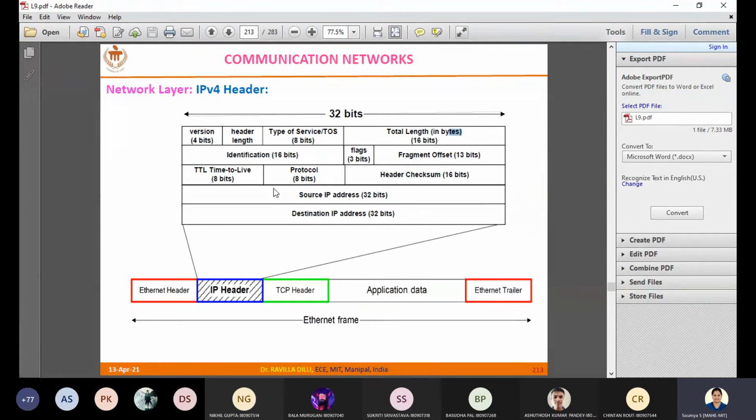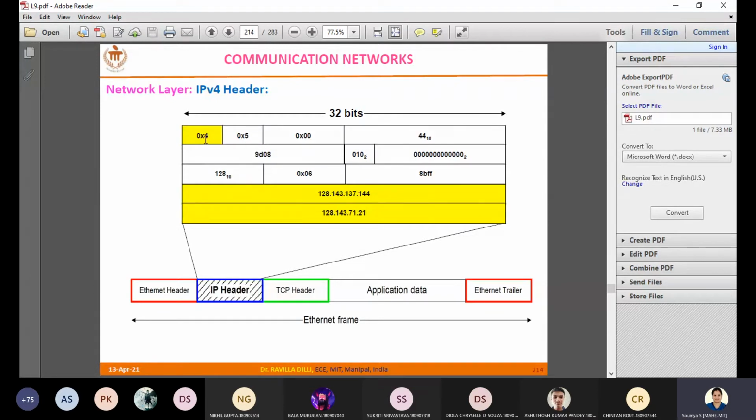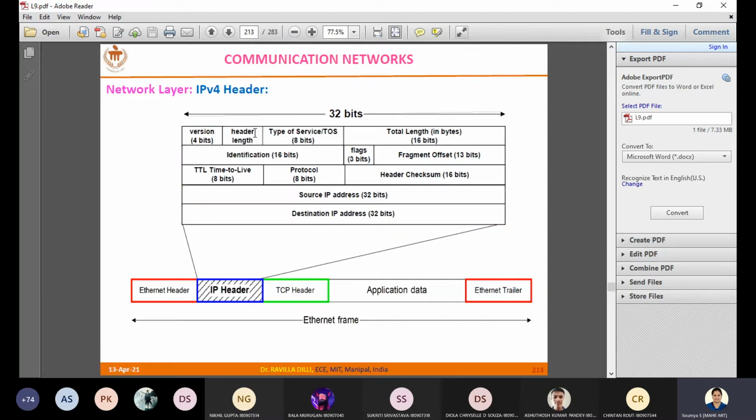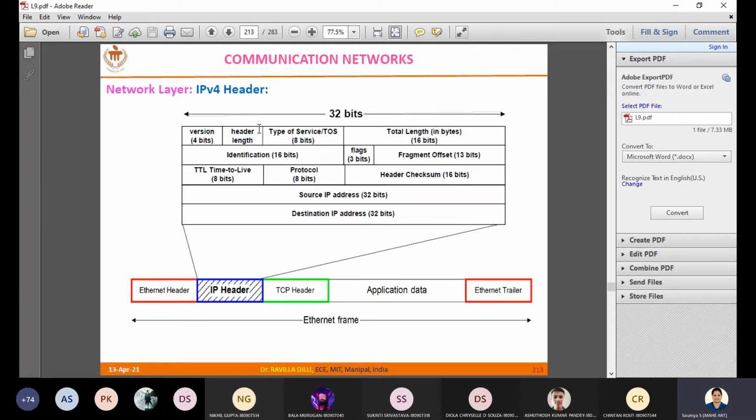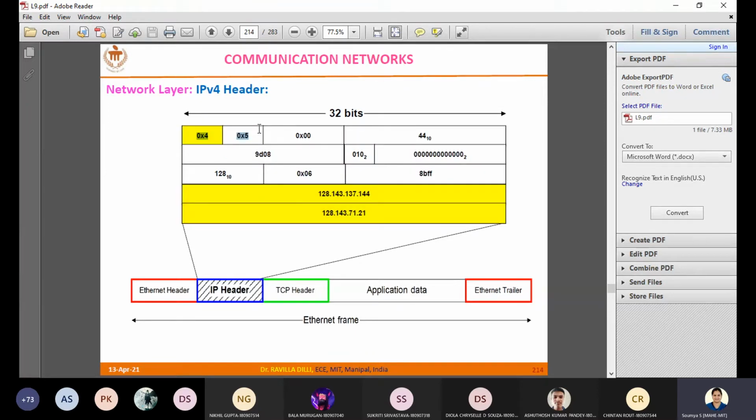Similarly, identification, flags, fragment offset, time to live, protocol, etc. Now, just observe here, this is 4 bits for the version, followed by the header length. Again, the header length is 5 bits, but the value will be given in terms of bytes. There are 5 bits meant to define the total header length, that is the length of the header, but it will be in terms of bytes. Okay.